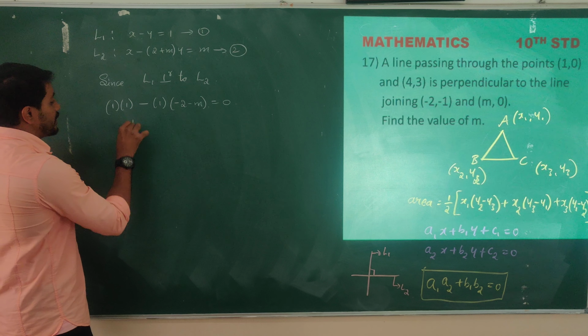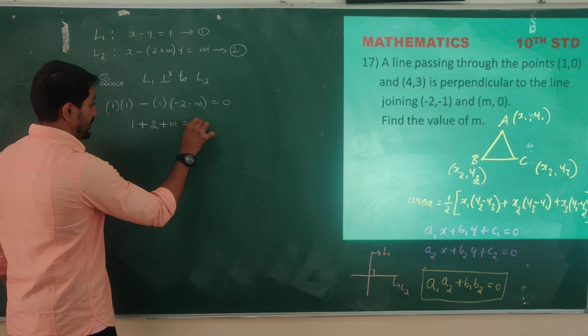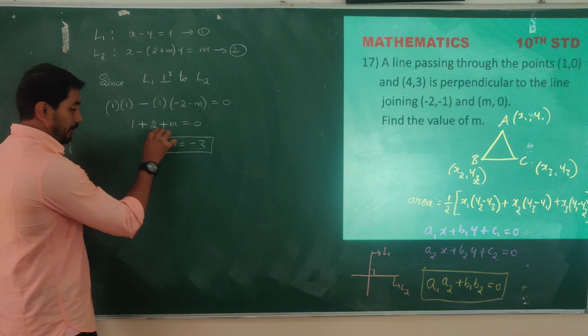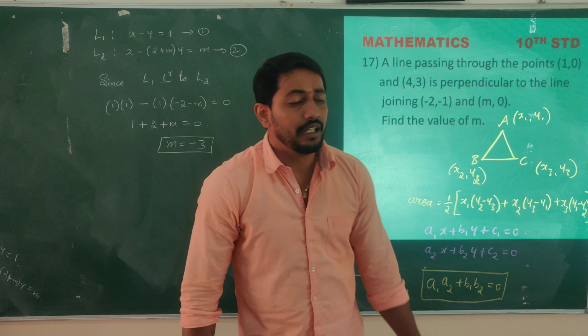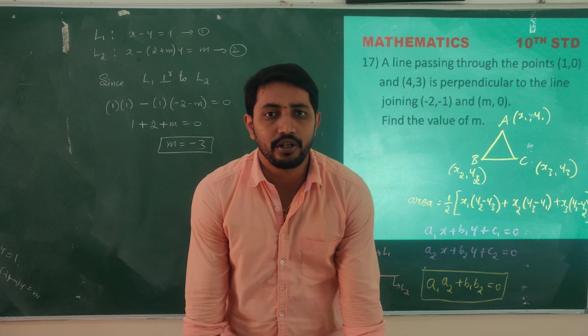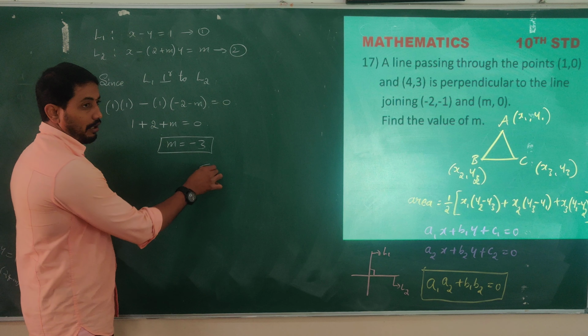Then it gives 1 minus 2 minus m equal to 0, which gives m equal to minus 3. It indicates that if m takes the value minus 3, then the lines will be perpendicular to each other. So this is the procedure to crack this problem.